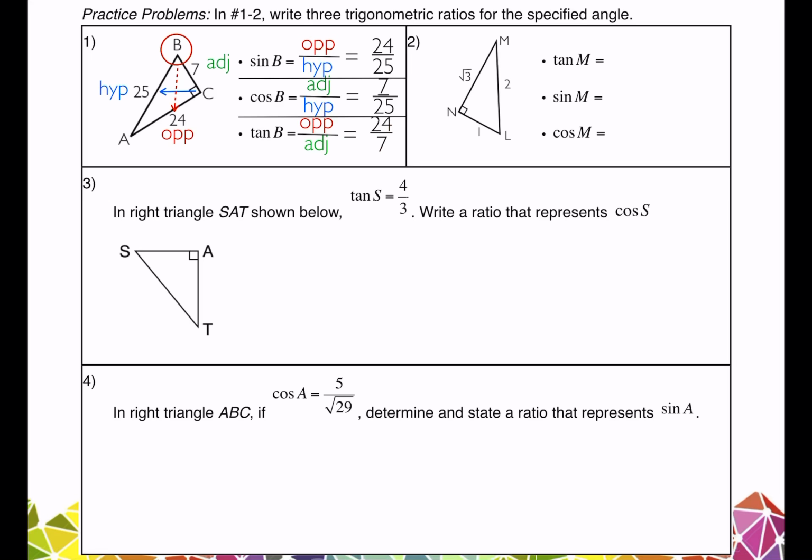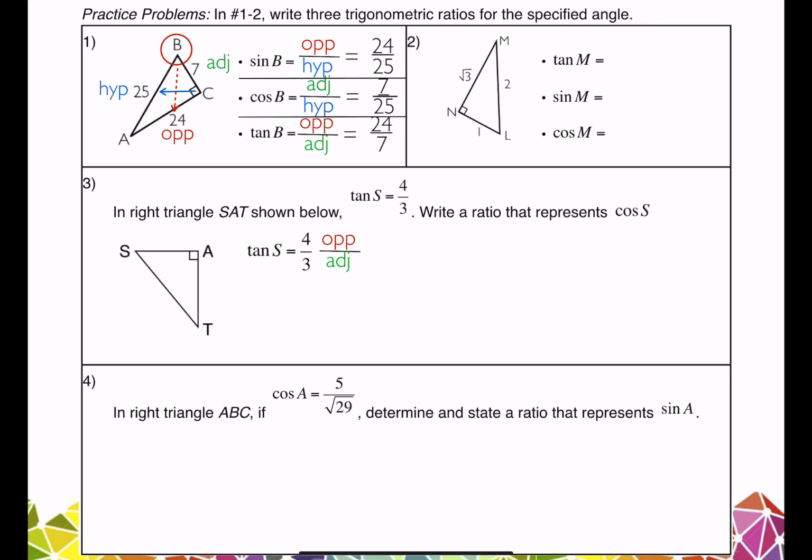All right, so in practice problem 3, we're told that in right triangle SAT, shown below, the tangent of S is equal to 4 over 3. And we're asked to write a ratio that represents cosine of S. Well, I'm just going to write down what I already know. I know the tangent of S is equal to 4 over 3.